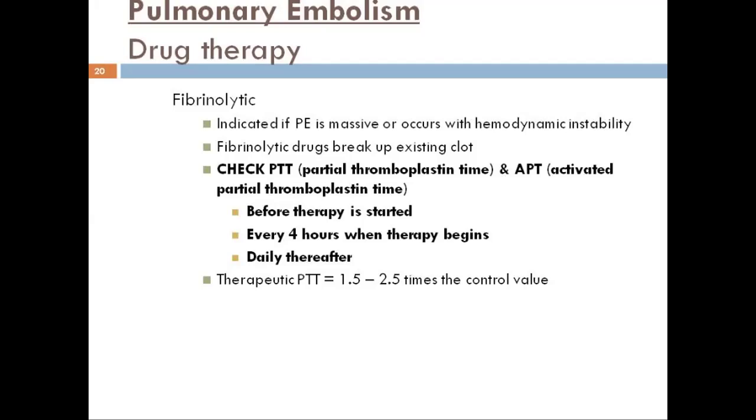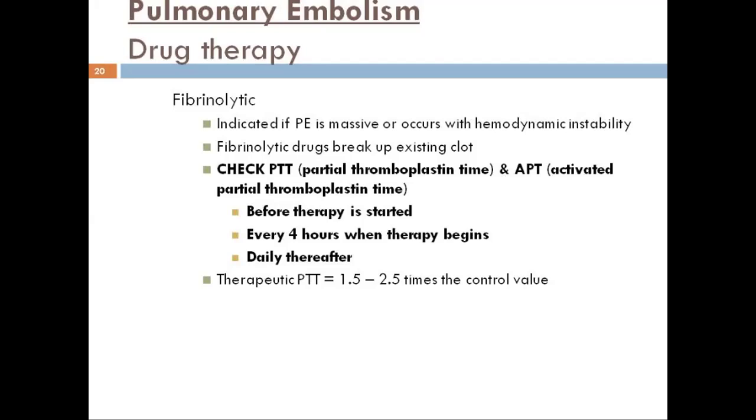If you go that route, use the fibrinolytic drugs to break up the existing clots. Before therapy is started, you need to check the PTT and the APTT. And then this has to be done every 4 hours when therapy begins, and then daily thereafter, right?